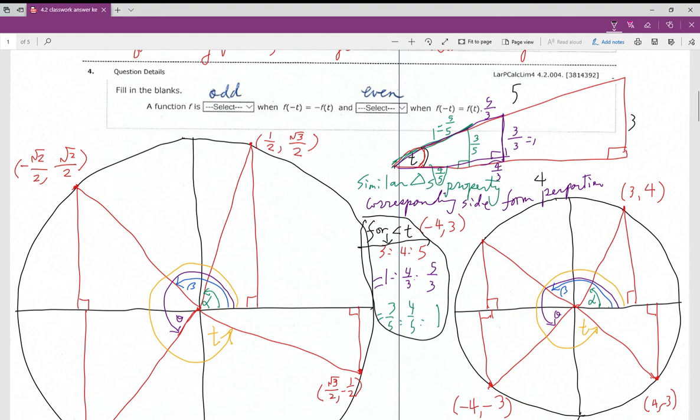And in other words, if I have 3 triangles that form proportion, then I guarantee these 3 triangles have the same angle. If this angle is T, this angle alpha, this angle beta, I guarantee these 3 angles are the same angle T. So this is what we call the similar triangles property.